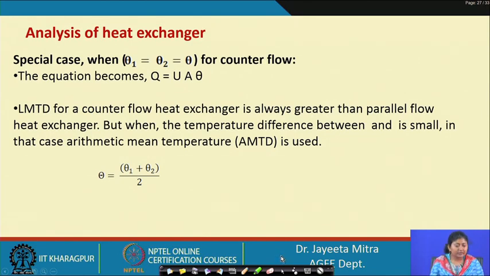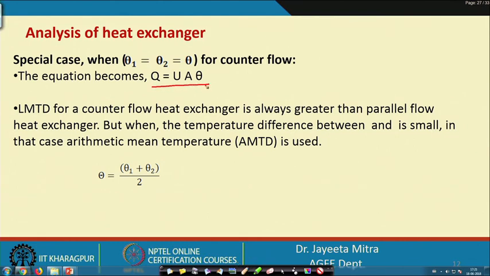Now, there are a few cases where theta 1 equals theta 2. Okay. So, theta remains constant from the inlet to the exit side. So, the temperature difference between those two fluids is constant. In that case the equation will simply be Q equal to U A theta. Okay.